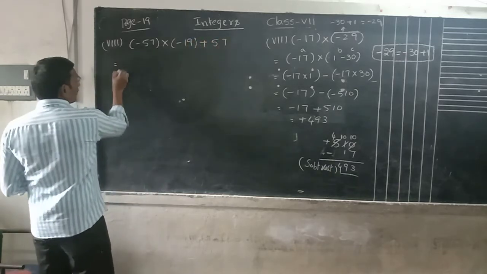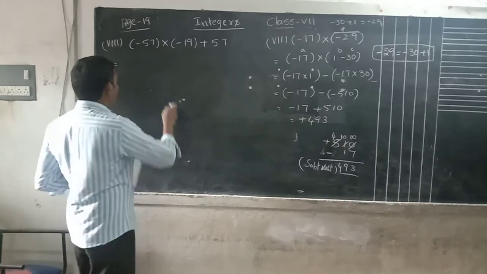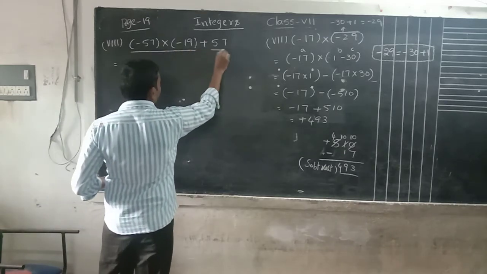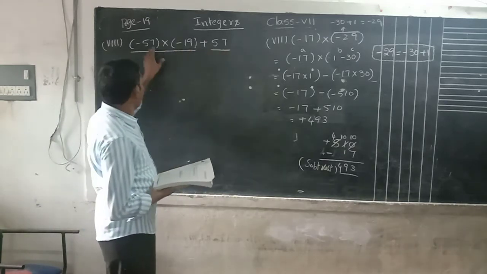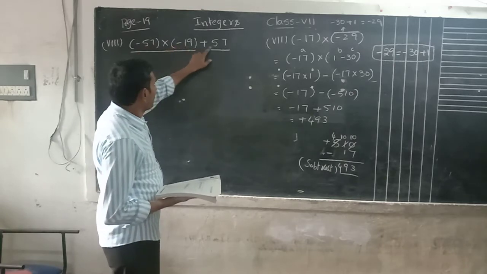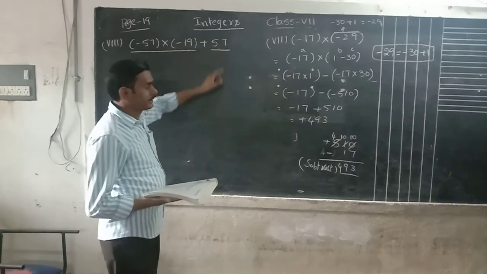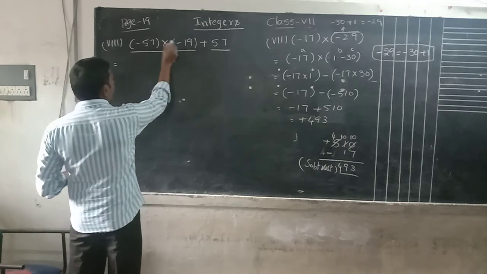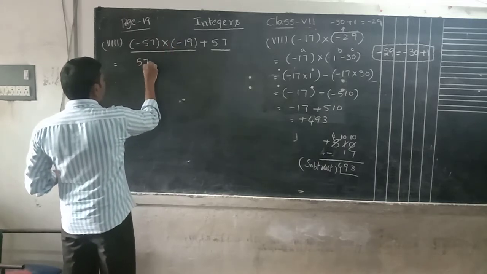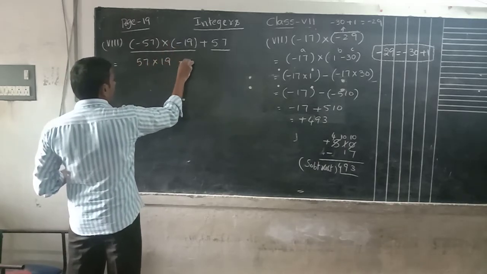Okay, now we have to convert into the distributive property one. This is one group multiplying, but here 57 only. And then here a into b form is there, but here not there. First is sign multiplication: minus into minus plus, 57 into 19 plus.